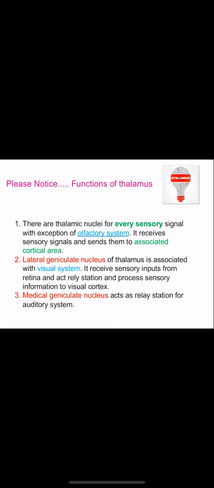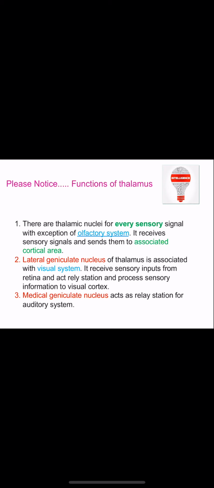Now, the function of the thalamus. After this detailed explanation regarding the nuclei and the neurons and their types, we can say that for each sensory input from the peripheral tissue, we have a thalamic nucleus for that specific sensory input or signal, except the olfactory sensory system, which is not received by the thalamic nuclei.